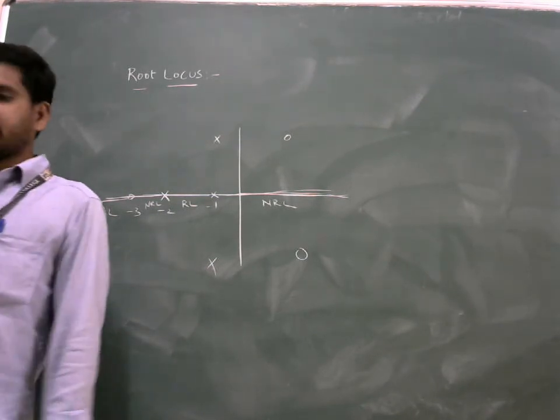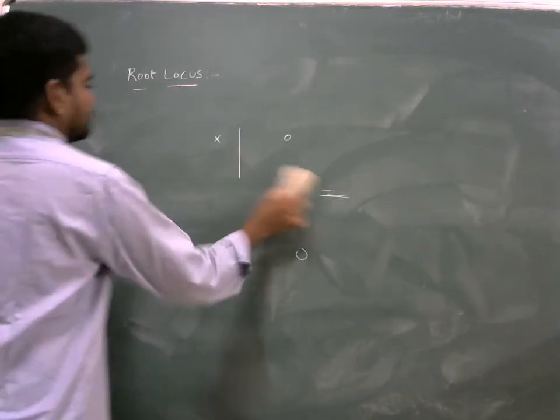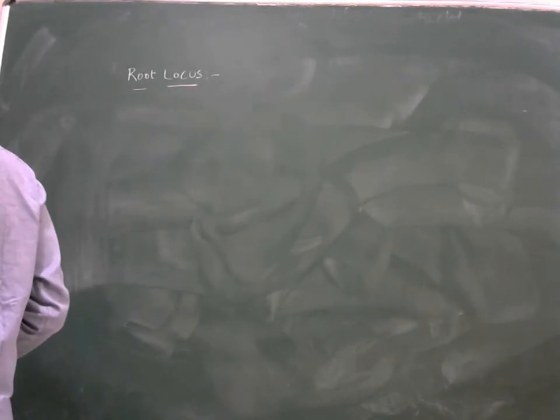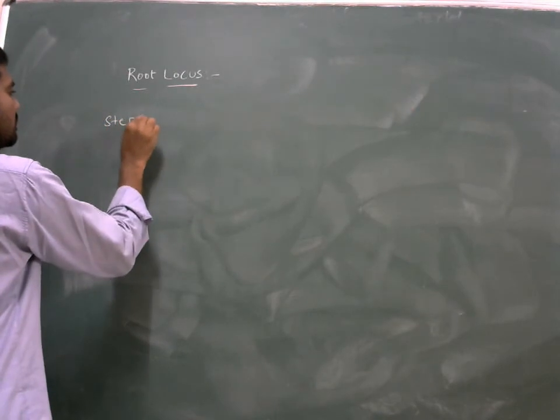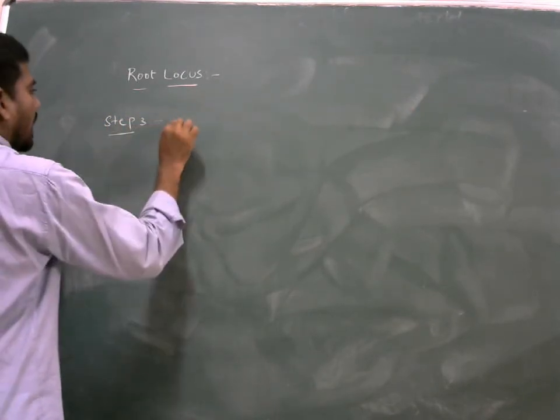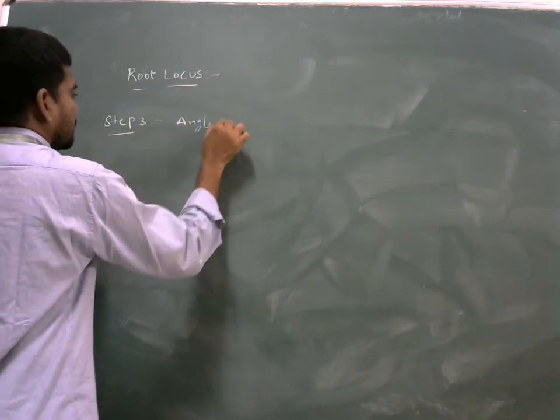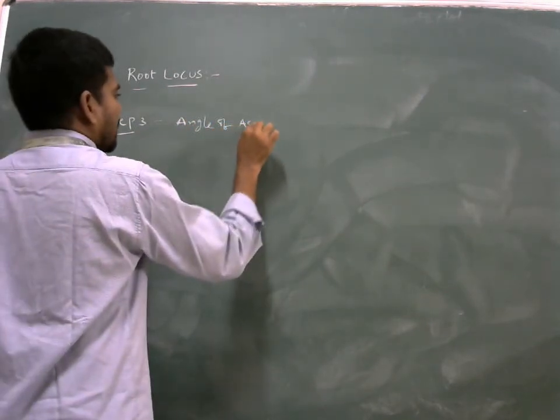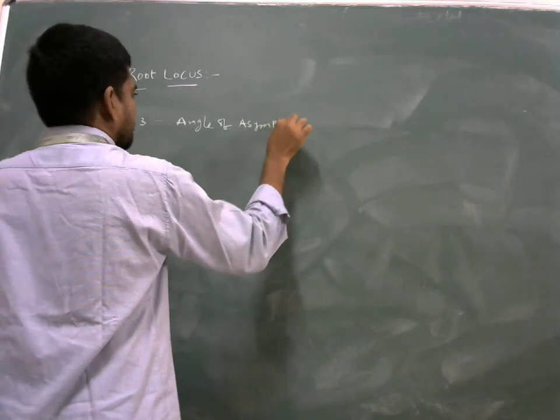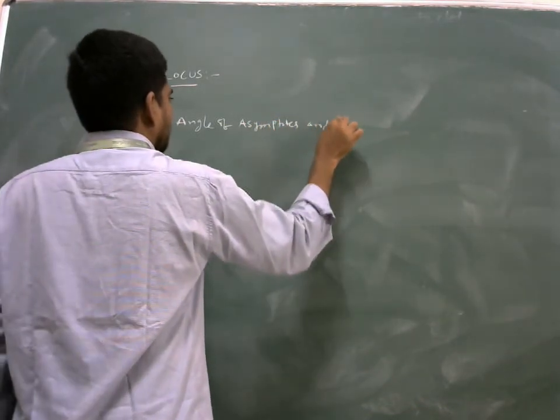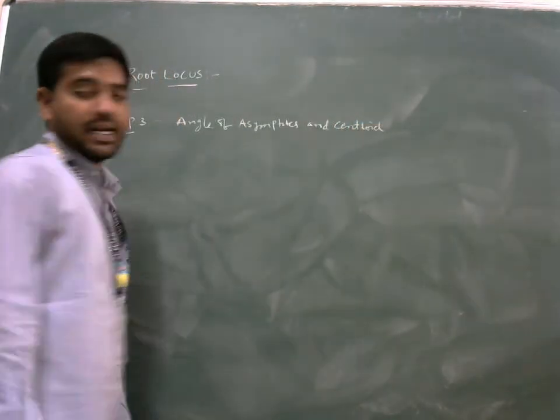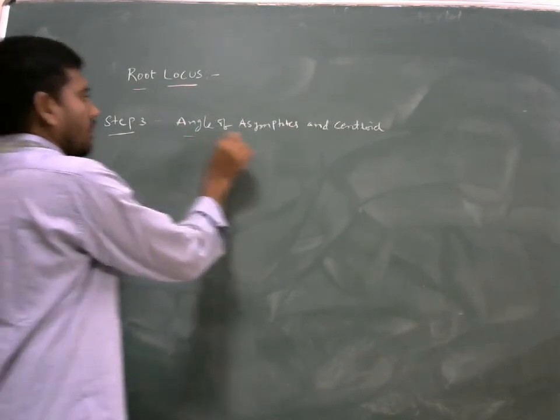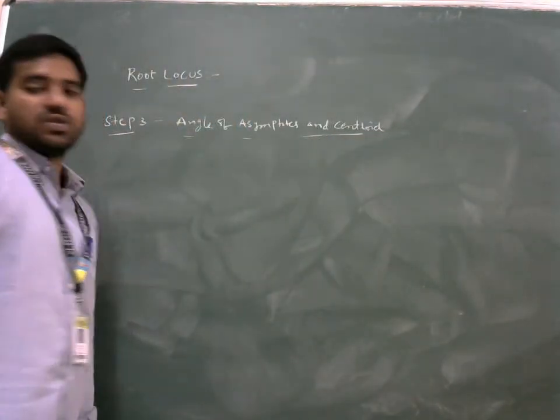The third step is angle of asymptotes and centroid.